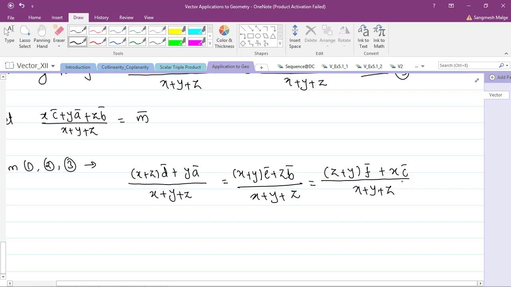So these three are equal to what we have, the m bar, which is nothing but this part.